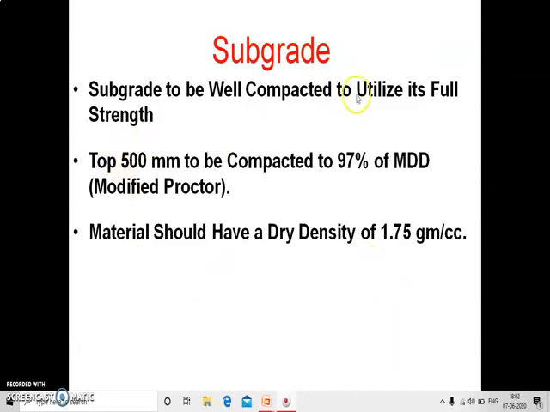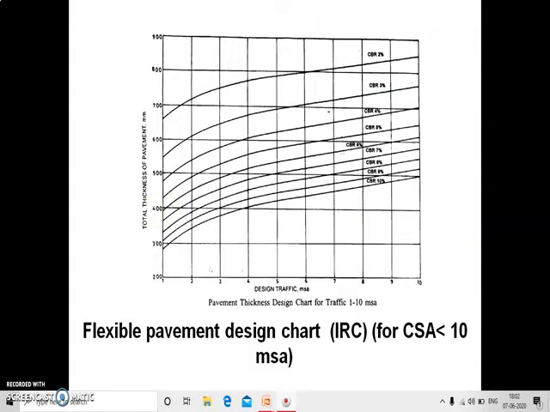CBR value is 2%. In y-axis 600, CBR value 3%. In y-axis, that is total thickness of pavement in mm, 500, CBR value is 4%. In y-axis 400, CBR value is 5%. And then going to 500, CBR value is 6%.